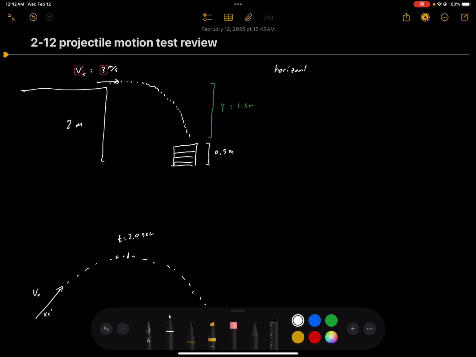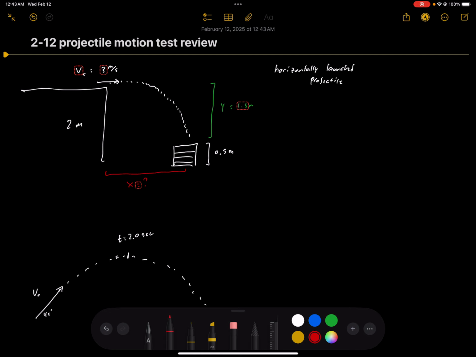So we can find the amount of time it takes for the projectile to fall, and then based on its horizontal velocity, we can use the amount of time that it's falling to figure out the horizontal range of the projectile.